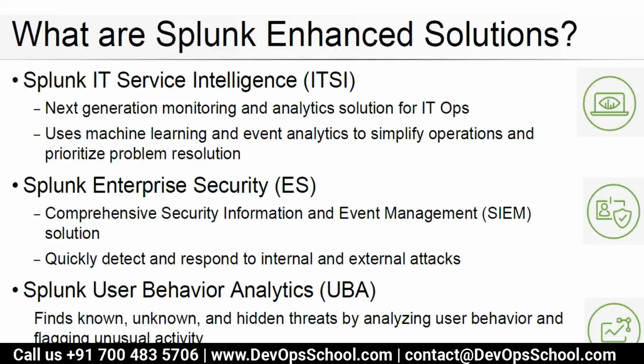Suppose he became a victim of a phishing mail. Through user behavior analytics, it will alert you that the particular person is doing malicious activity, and your security team will investigate it. Then it will tell whether he became a victim of a phishing scam or is doing it deliberately. They will find out, and later, as per the policies, you will take action. These are the enhanced solutions.